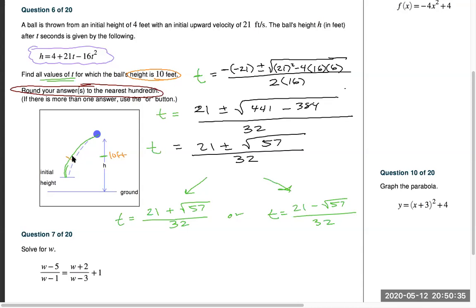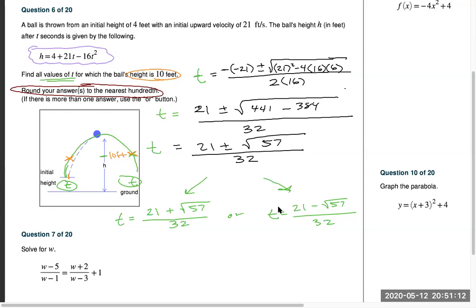Okay, then at whatever time you get for that height, eventually in due time, you're going to reach that height again, because the ball has to come back down. So this essentially is your first time and your second time.